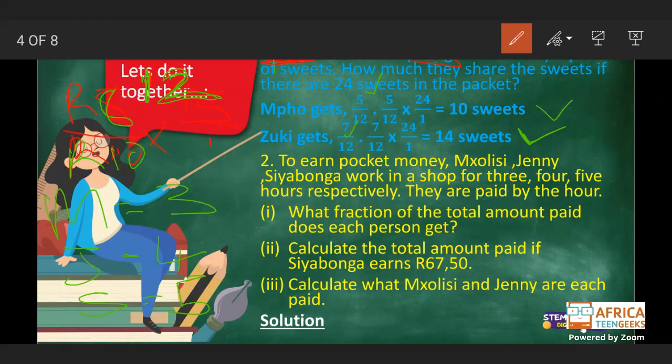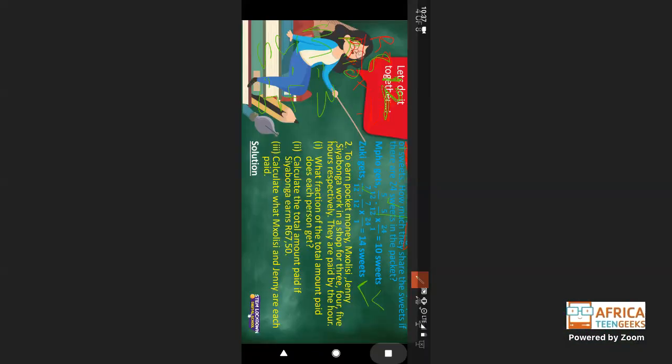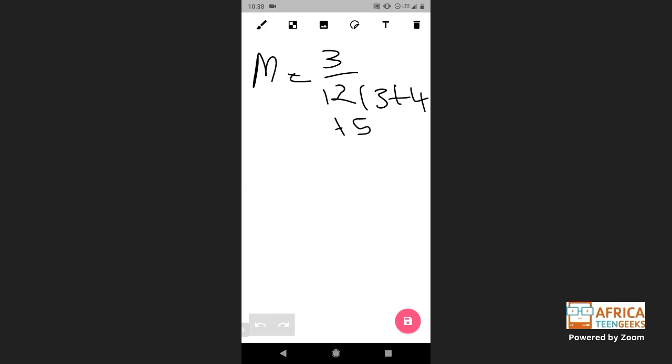So when we write our fraction, let me do it right here with you guys on our whiteboard. Mkolisi works for how many hours? Mkolisi definitely works for 3 hours, right? So we have the fraction for Mkolisi, which is 3 over 12. And how did we get 3 over 12? We said 3 plus 4 plus 5.